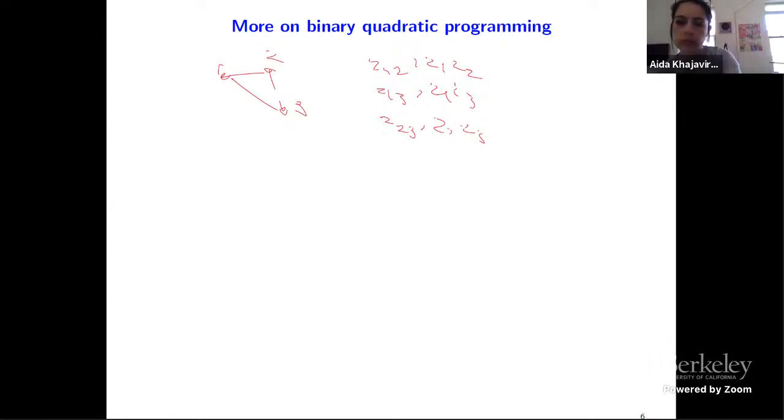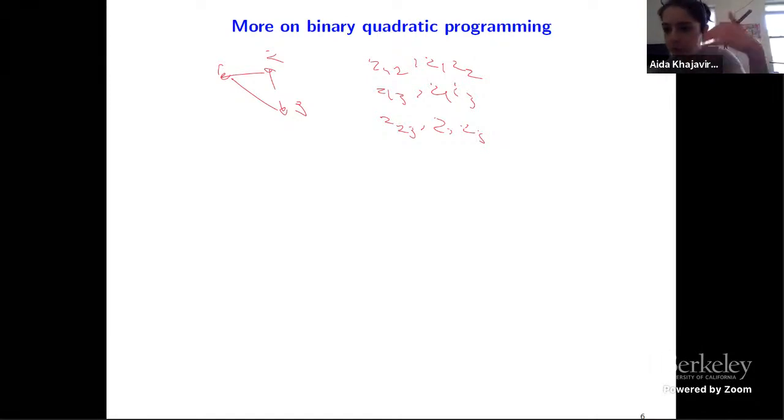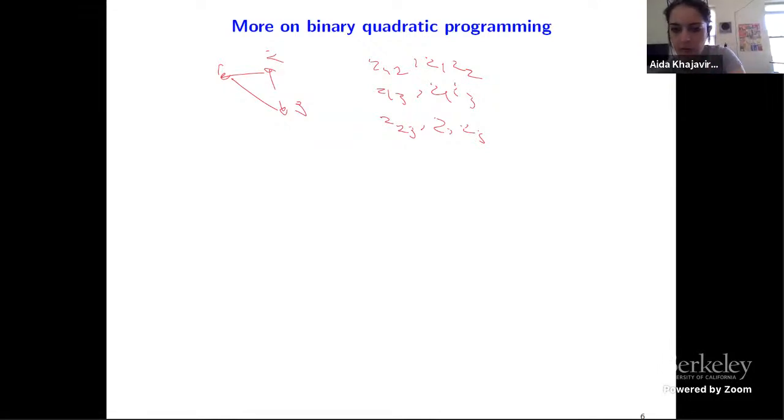So it turns out that in this case, if I consider the standard linearization, it is not the convex hull. Why? For example, I can look at the point where Z1 equal to Z2 equal to Z3 equal to Z12 equal to Z13 equal to Z23 equal to 1/2.